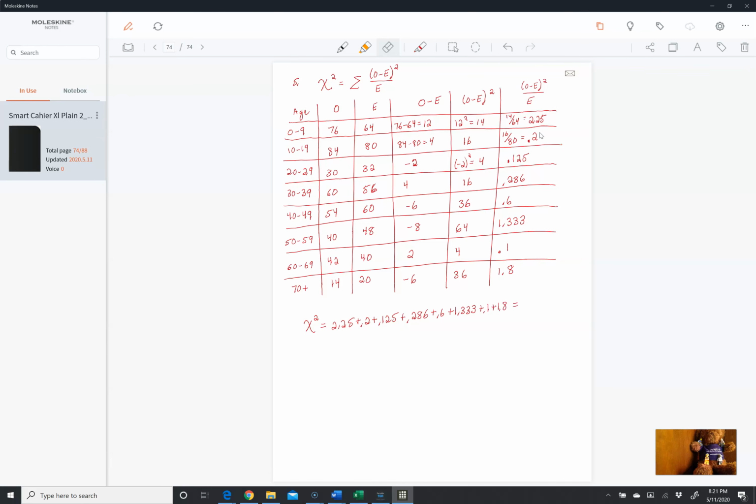And this gives us 6.694. Now 6.694, so this is the 6th step. 6.694 is not greater than 14.067. Chi-squared is outside the rejection region. So if it's outside the rejection region, then we fail to reject.